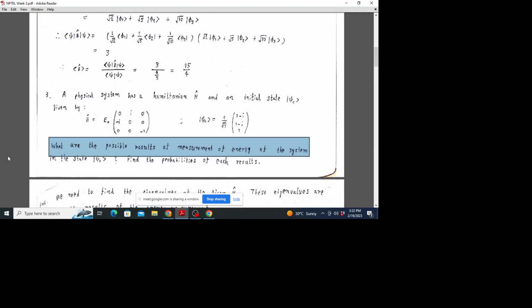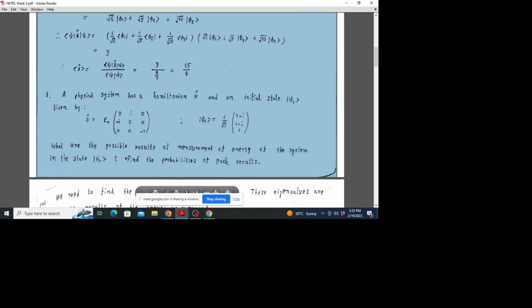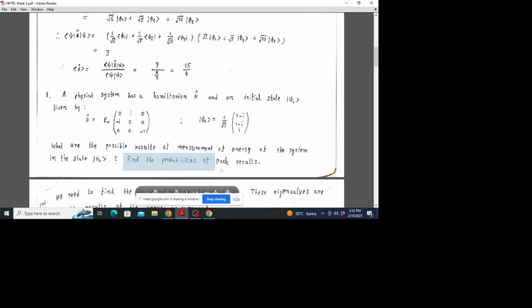So this part is not important, the state psi naught. The question should have been, what are the possible results of measurement of energy of the system? Since there is more than one possible result, we also have to find the probability of finding each result.